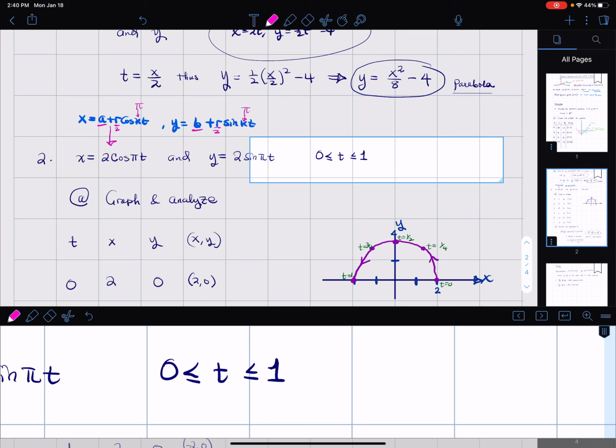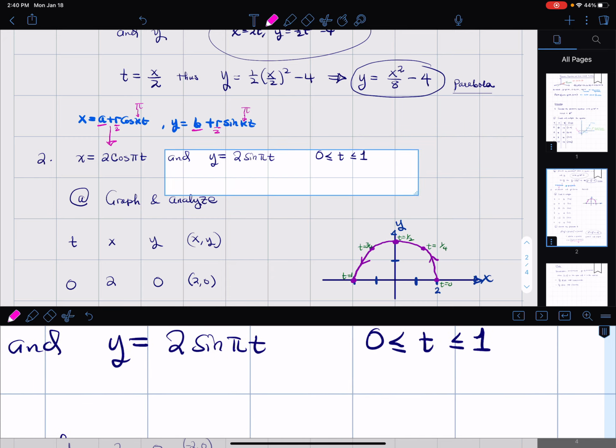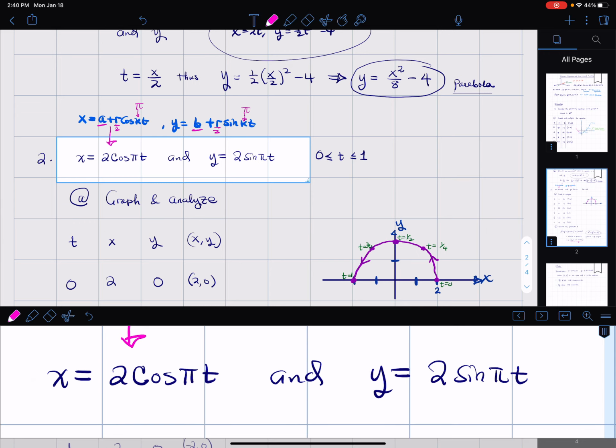So if we had, say, 3 plus 2 cosine pi theta and 4 plus 2 sine pi theta, then that means that our circle will be centered at (3, 4). All right. Hope you get that.